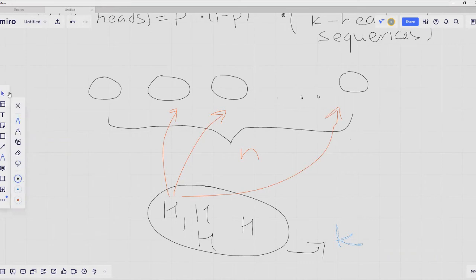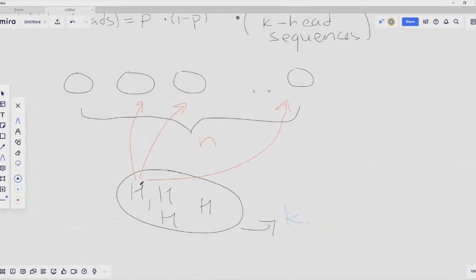Now, according to our combinatorics video posted previously, we know that the number of ways to choose k places for our heads in sequence of length n is given by n choose k. N choose k coefficient is also known as binomial coefficient.